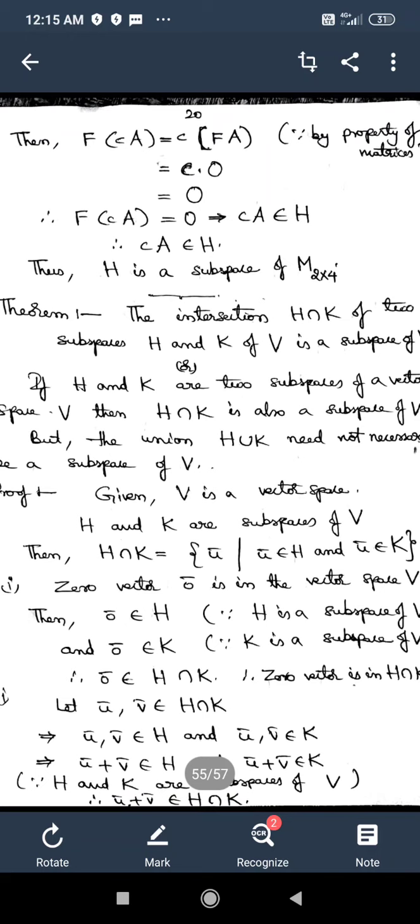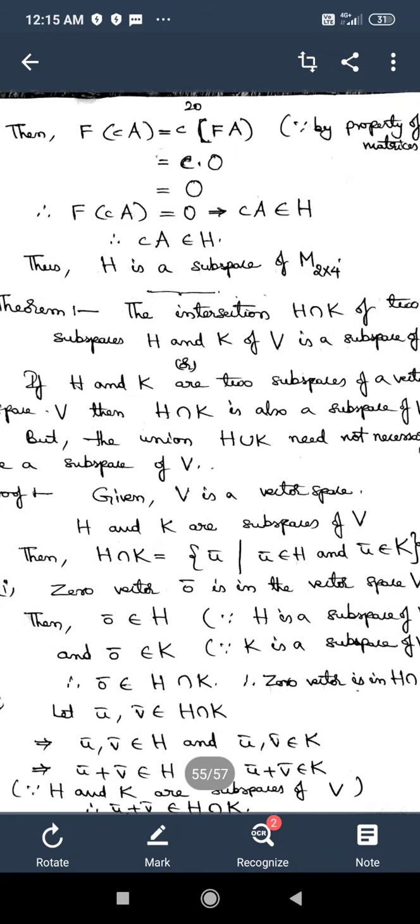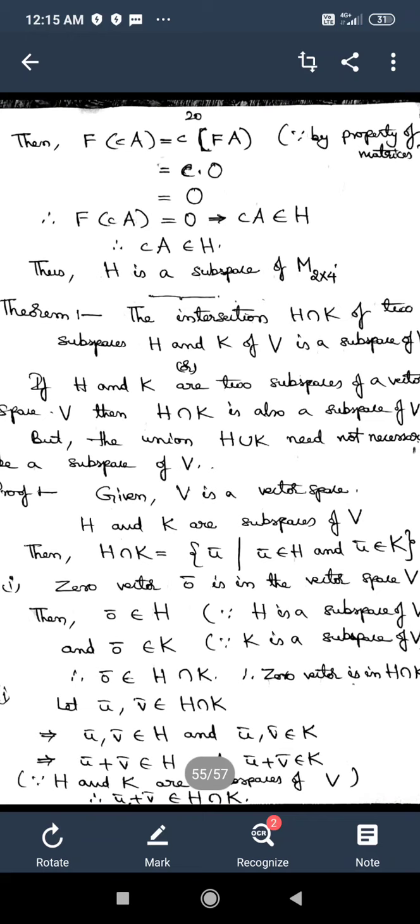So by the definition of vector space V, the 0 vector belongs to the set V. Now this 0 vector of the vector space V is also the 0 vector of the two subspaces H and K of V. So 0 bar belongs to H and 0 bar belongs to K.